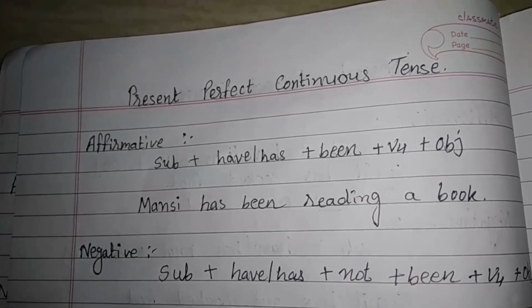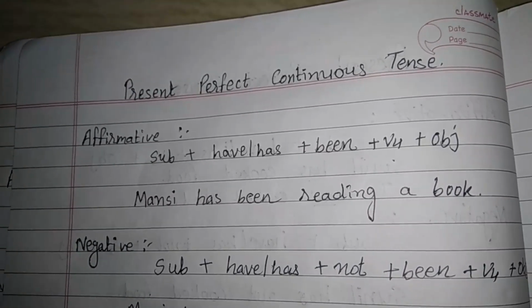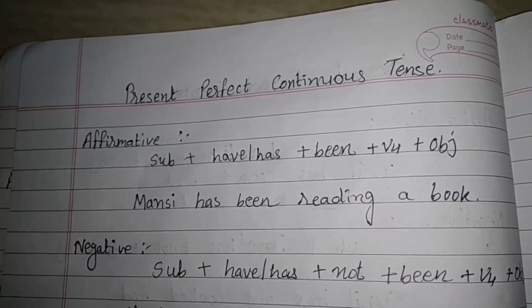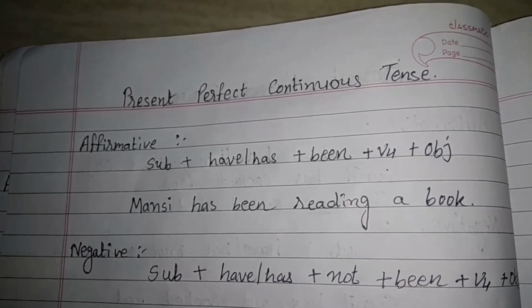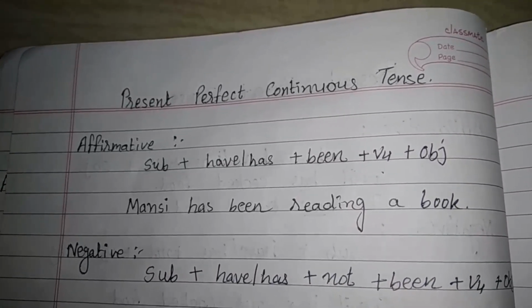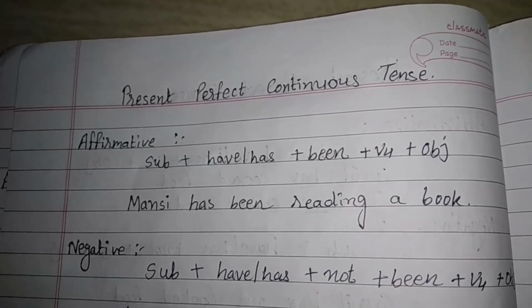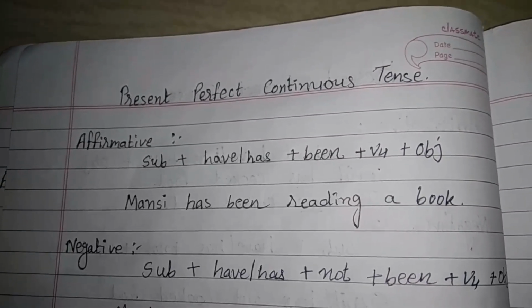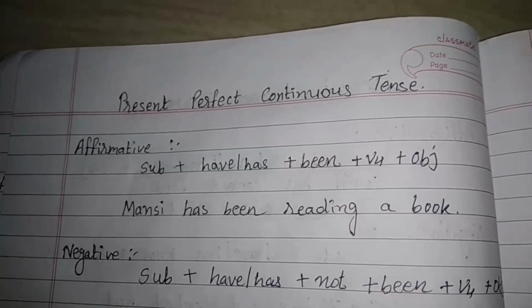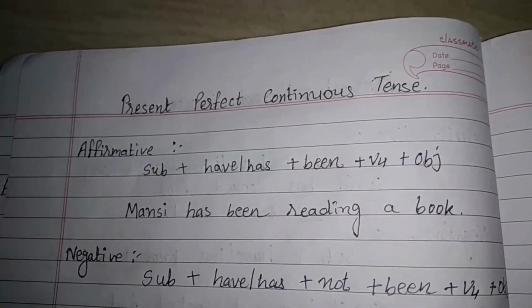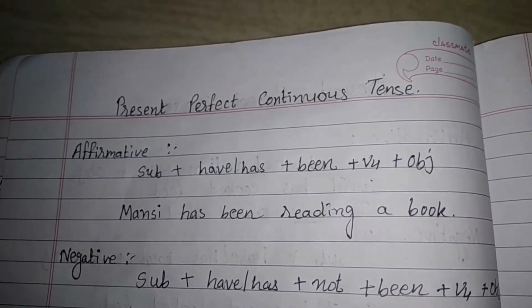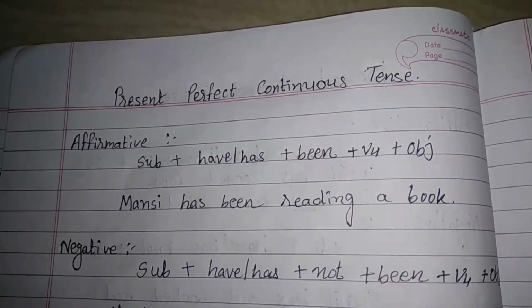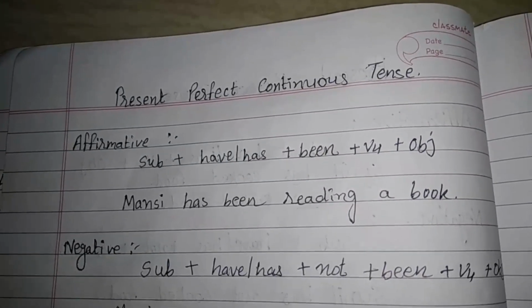Here you have to remember well that to use present perfect continuous tense, the activity which has stopped just now, which started earlier but stopped just now, for that we have to use this tense. As well as if the action is repeated over a period of time, for that also we have to use present perfect continuous tense.